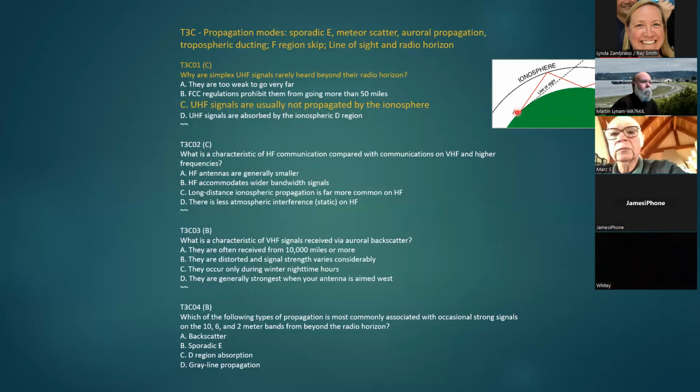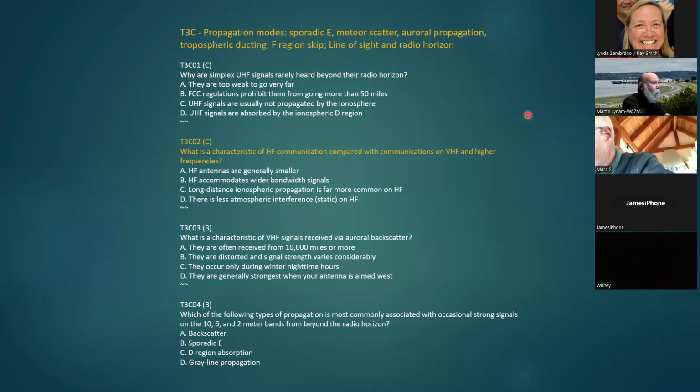But with UHF, it's line of sight. Depending upon how tall your antennas are on the transmitting side and the receiving side, you're talking several tens of miles maximum generally. But there are occasions that we'll talk about in a bit that can increase that range.